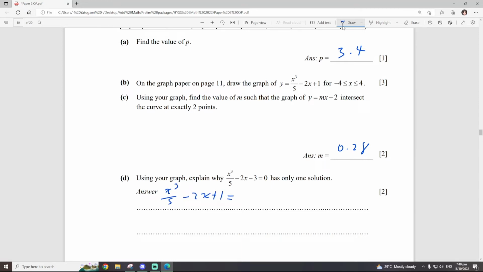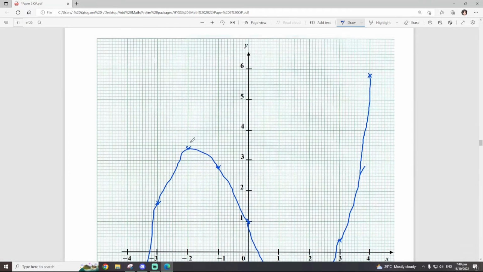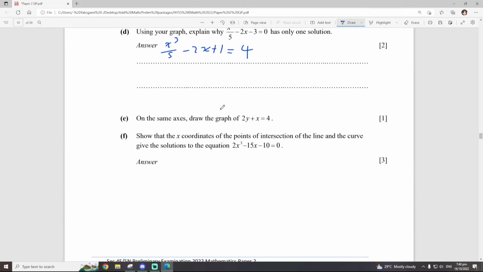Okay, so this is equal to 4, right? Because we add 4 to both sides. And then we look at our graph and we see the turning point is less than 4. So, from graph, y equals 4 cuts the curve at only one point.